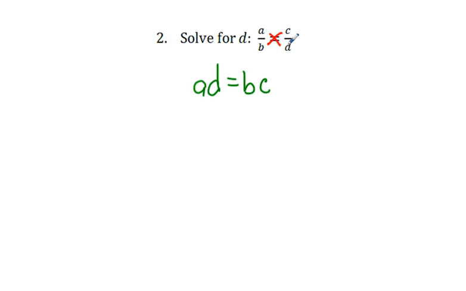Basically, we got d out of the denominator by multiplying both sides by d, and then we got b out of the denominator by multiplying both sides by b. Our final step here is to just divide both sides by a. That will cancel that out, and you'll get d is equal to BC divided by a.